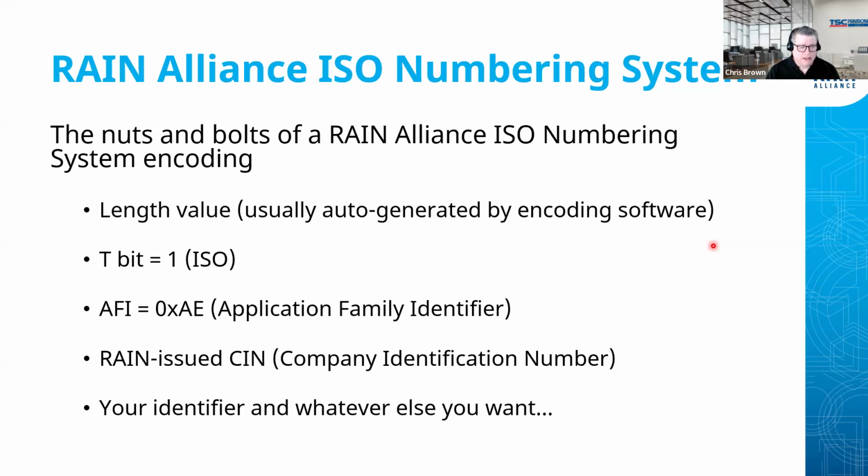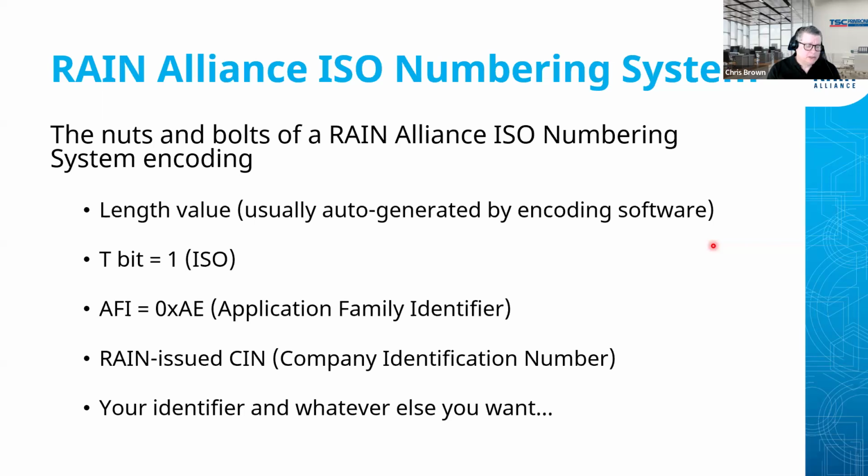So the first data element that I must encode is called the length value. This is basically a number from 0 to, I guess, 31. It's a number that gets encoded to your tag, and it tells a reading system how much data to read during the initial so-called inventory round of the tag.